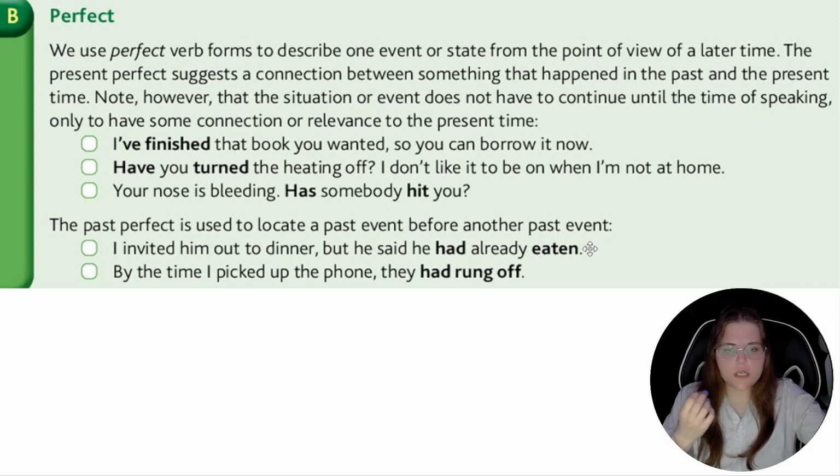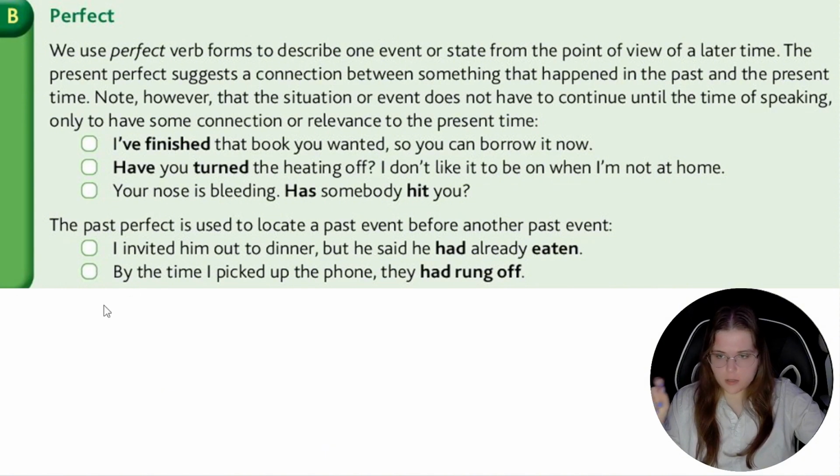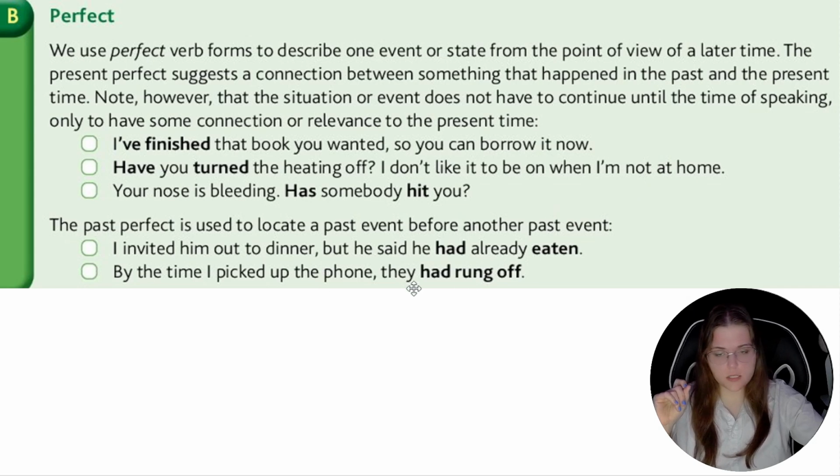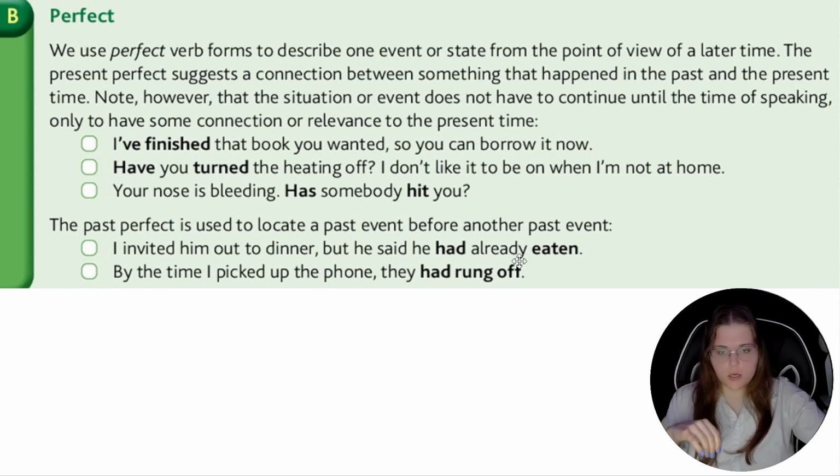He had already eaten by the time, this particular point of time in the past, and that is why he rejected having dinner. Next, by the time I picked up my phone, they had run off. They had done it before by the time he picked up his phone. One action before the other action, and they have the connection.